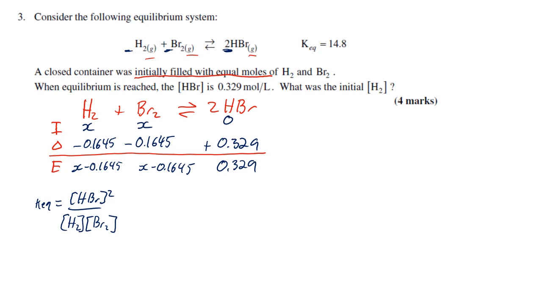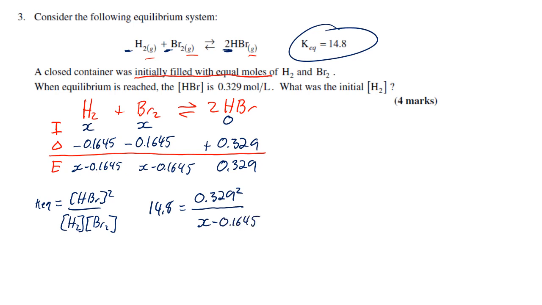KEQ is going to be 14.8 equals 0.329 squared over, now H2 is going to be X minus 0.1645.